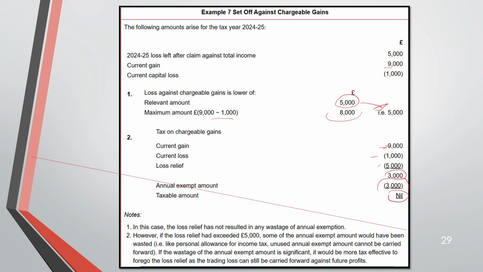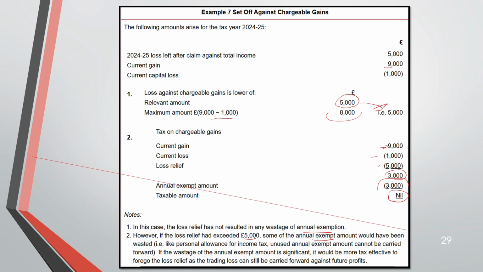In this case, loss relief did not waste any of your annual exempt amount. Note number 2: if the loss relief was more than 5,000, some of your annual exempt amount would have been wasted. This is the same as wasting personal allowance for income tax. Just as you can't carry forward personal allowance, you can't carry forward the annual exempt amount.